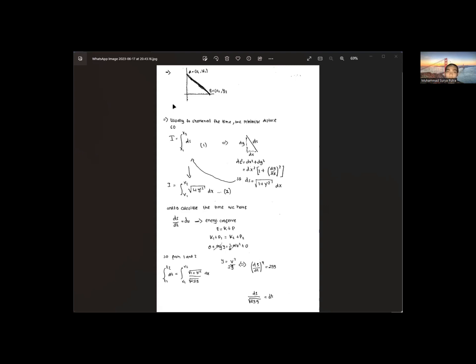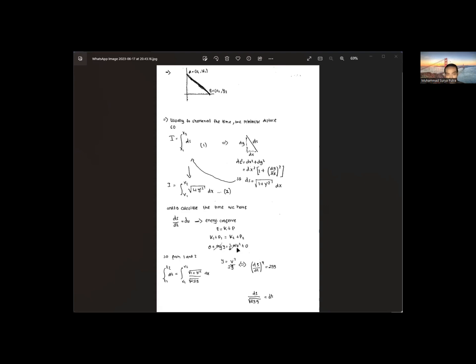The potential energy is mass times gravity times the vertical position.